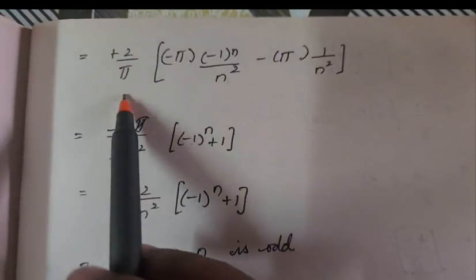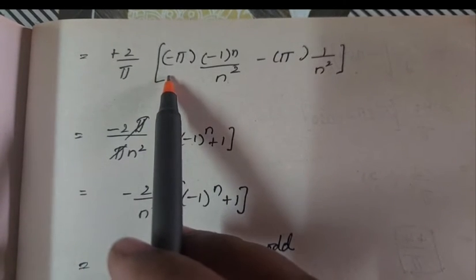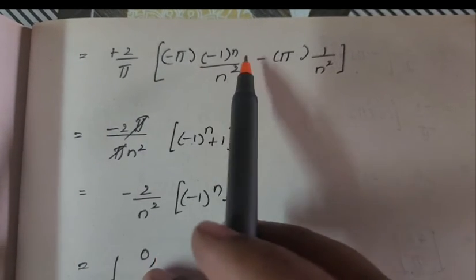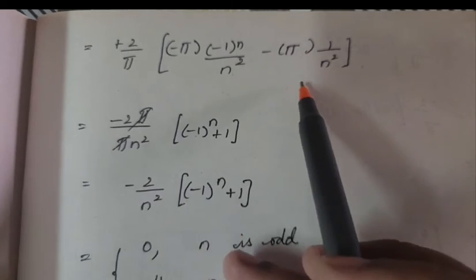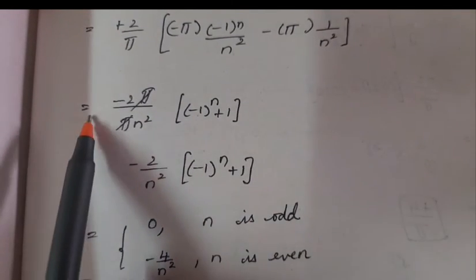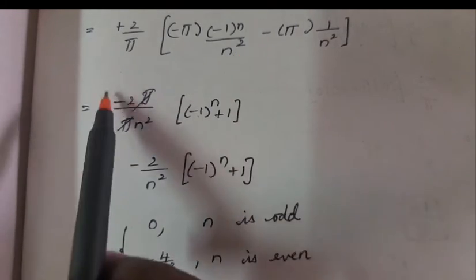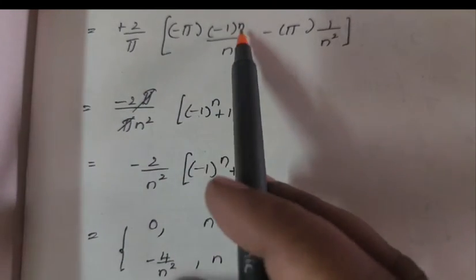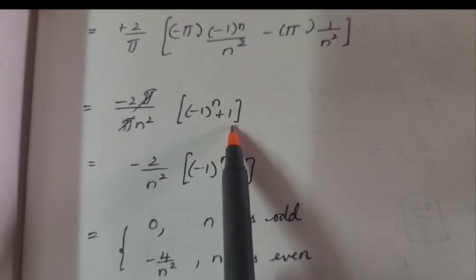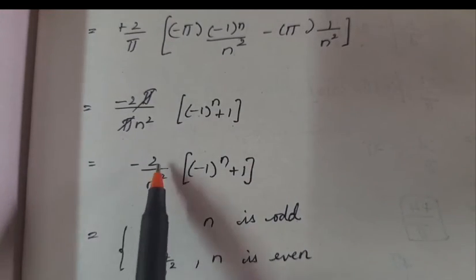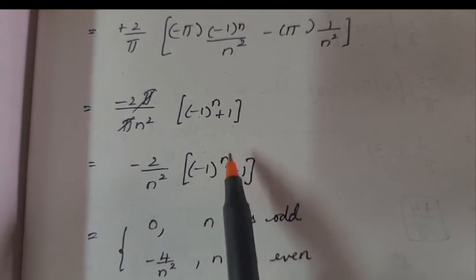Okay, now this is 2 by pi of minus 2 pi is minus pi, minus 1 whole power n by n square, minus pi of 1 by n square. So this is equal to minus 2 pi by pi n square, and minus 1 power n plus 1. So pi gets cancelled: minus 2 by n square, minus 1 to the power of n plus 1.